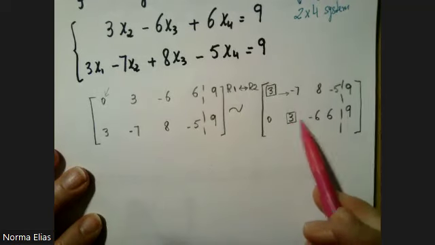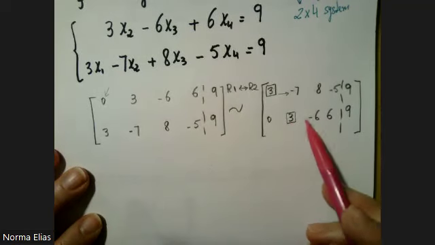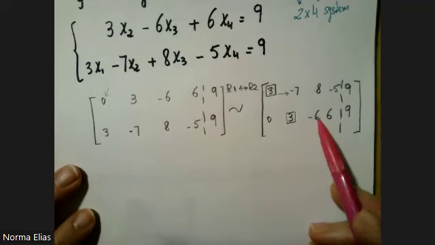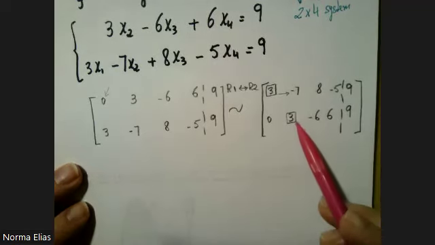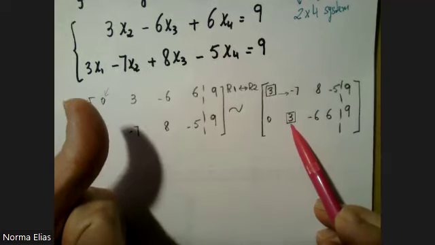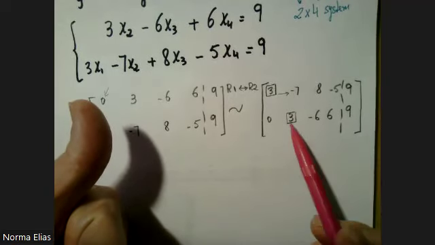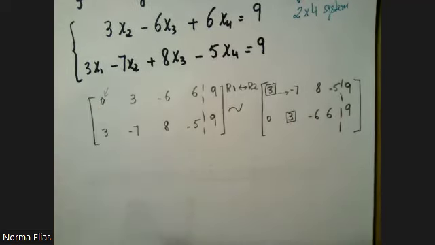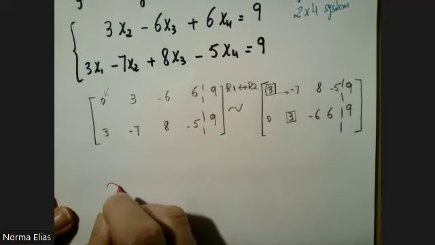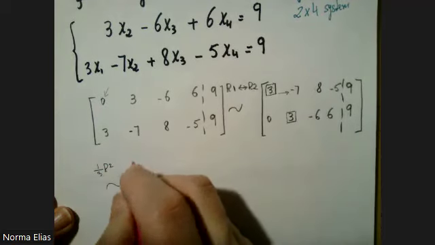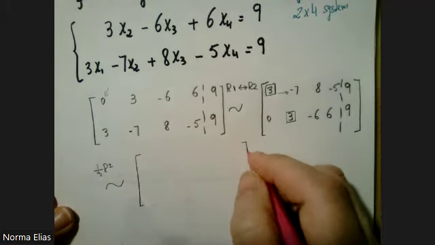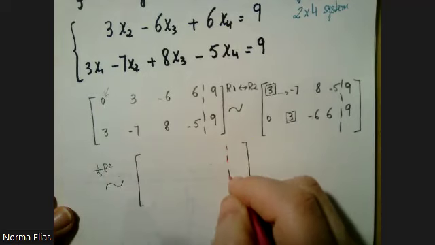As you realize, in the second row, all the terms are multiples of 3. So if I divide by 3, minus 3 divided by 3, first I will get the leading entry to be 1. But that's not really what I care about, I will simplify this expression tremendously. So the second operation, we're going to scale the second row. As I told you, I want to go to the reduced form for this problem, not the echelon.